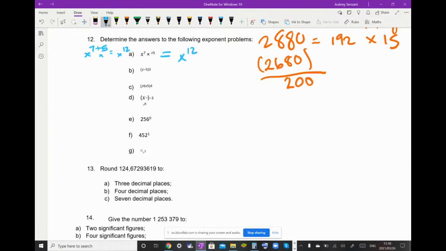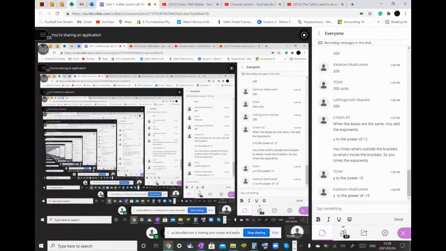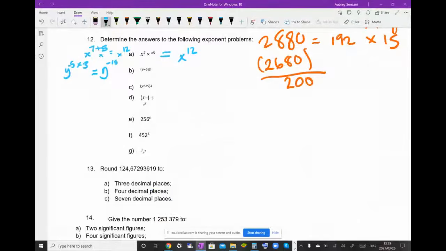So it becomes y to the power negative 5 times 3, and then we get y to the power negative 15, as was highlighted. Yes, thank you very much, Kate Kani and Tony. Appreciate that. Let's move on to the next one.